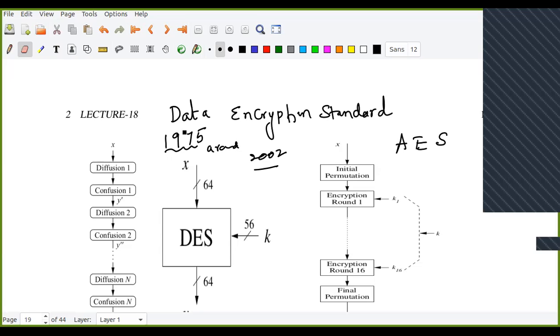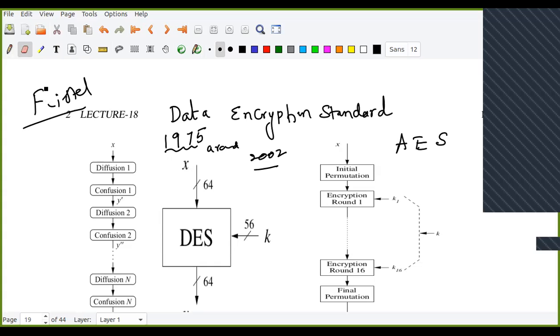For that, there is an institute in America where a competition was conducted. Some people came up with this, succeeded and won the prize. At that moment, one person called Feistel created something called the Feistel cipher. People used this Feistel cipher to create DES.